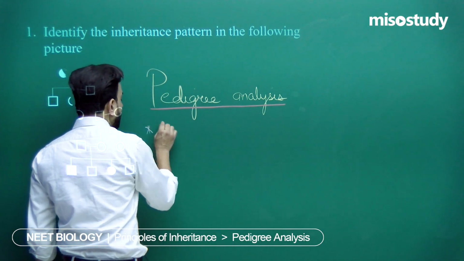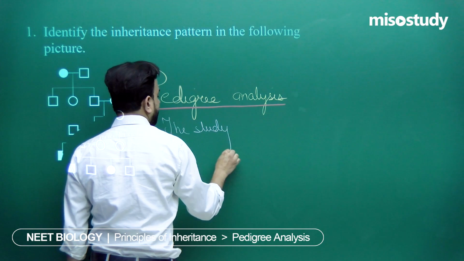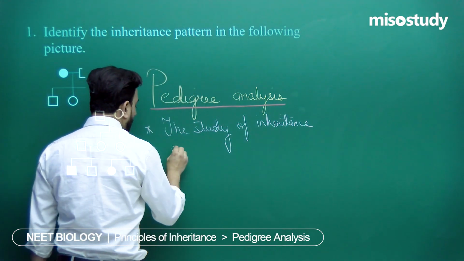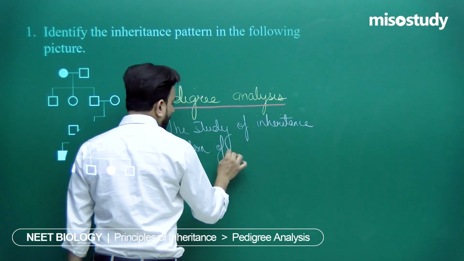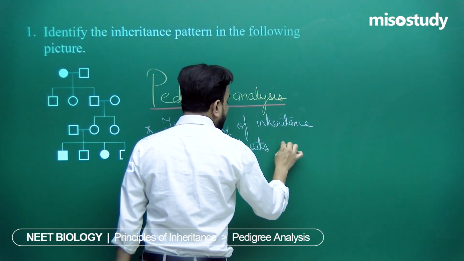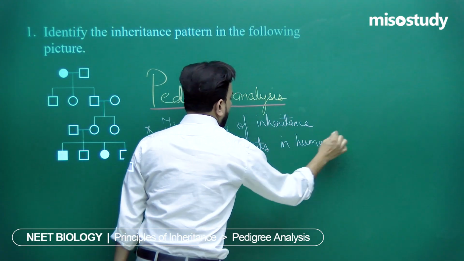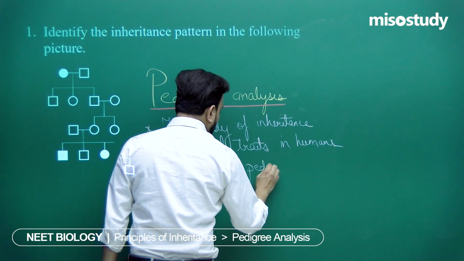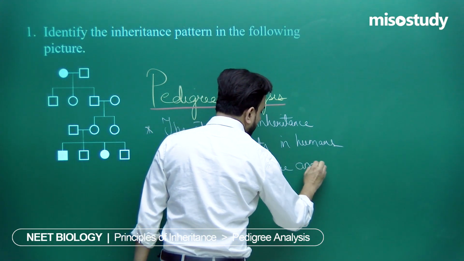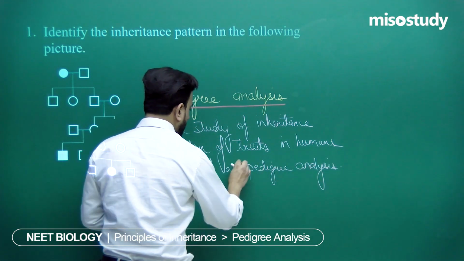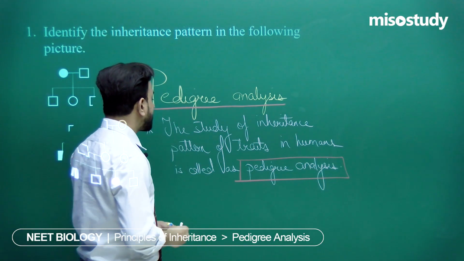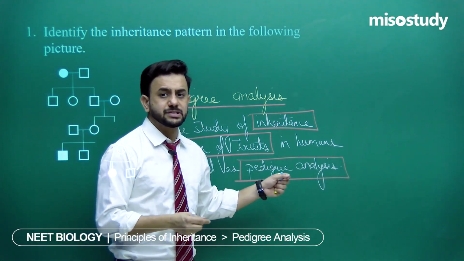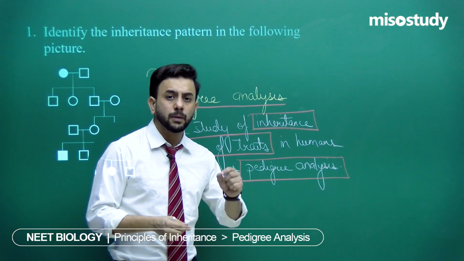The study of the inheritance pattern of traits in humans is called pedigree analysis, and this is what we mean by the term pedigree analysis.